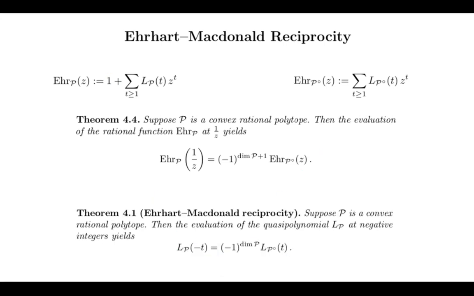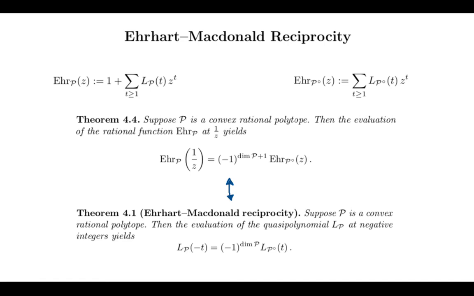So this is now a reciprocity theorem on the level of the original counting functions, either Ehrhart polynomials or Ehrhart quasi-polynomials. Yeah, so I think of this theorem 4.1 here as really a corollary of theorem 4.4, and in fact you could have started either way. So they're really sort of equivalent formulations of the same theorem.